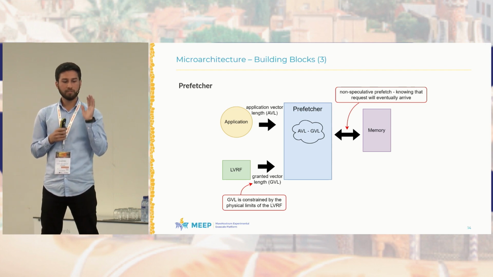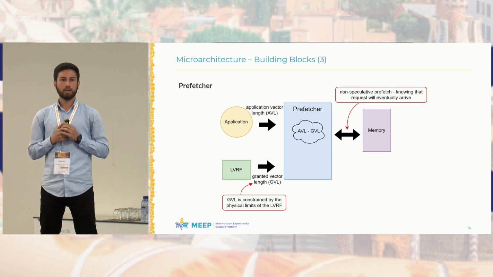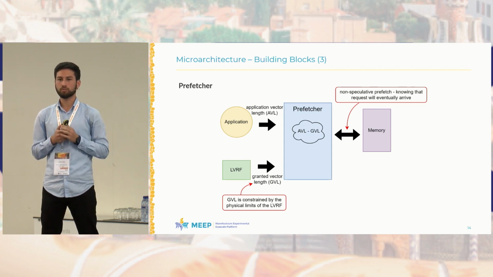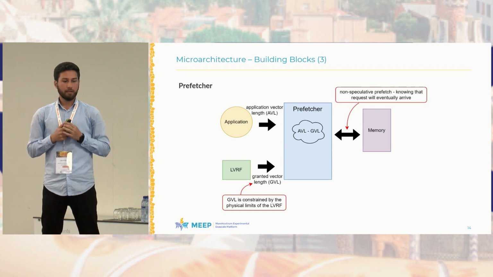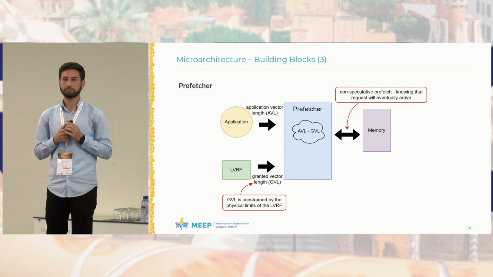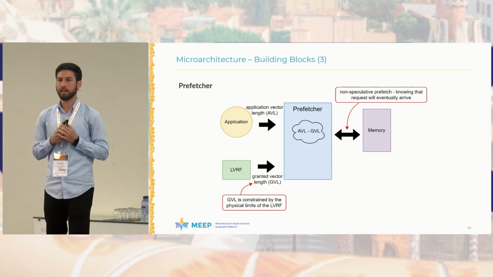So the GVL, the granted vector length, is constrained by the physical limits of the LVRF. But the Prefetcher inside this MEDEA memory engine knows both. Whenever the request arrives, this memory engine will work on the GVL.